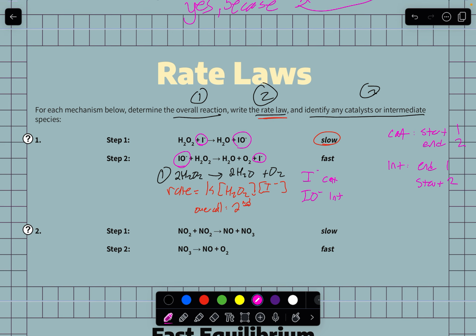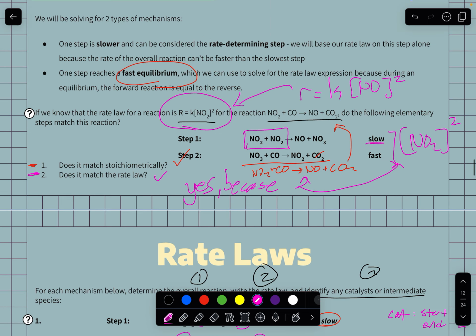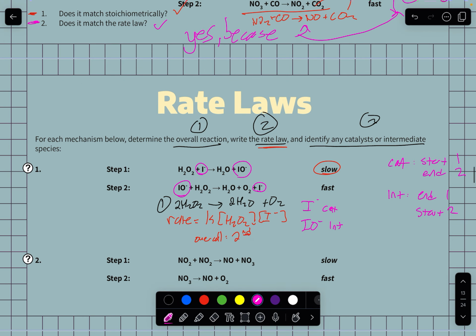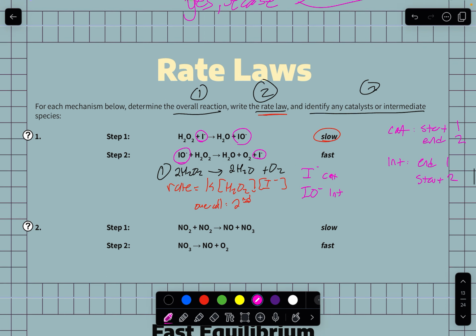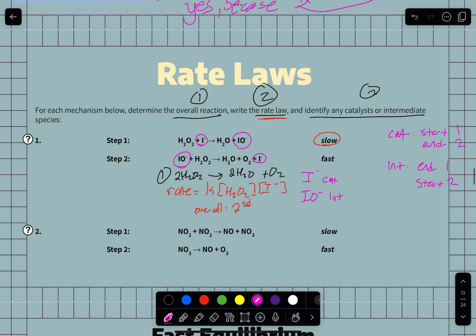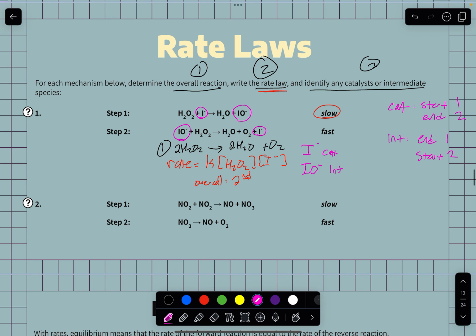All right, so I want you to try to do this second one here. Okay, the second one's going to be very similar. This actually, I think, is that same equation we just did up there. So you can, oh, it's not the same actually. It's a little different. Sorry. The first step is the same. Okay, but for the second one here, you're going to do the same 3 things.